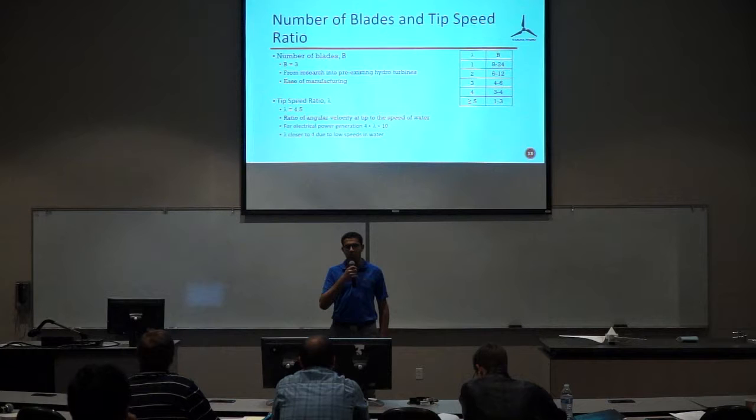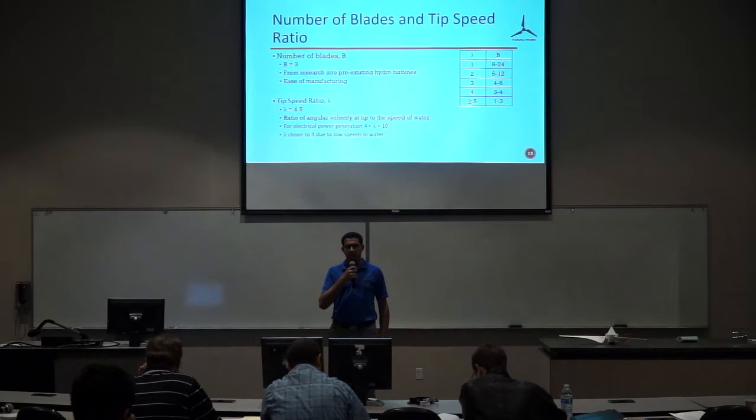We just took the average of the tip speed ratios to be 4.5. A tip speed ratio is the ratio of angular velocity at the tip to the speed of the water. For electrical power generation, it is recommended to have a tip speed ratio in between 4 and 10. Our tip speed ratio is closer to 4 due to lower angular velocities in water.